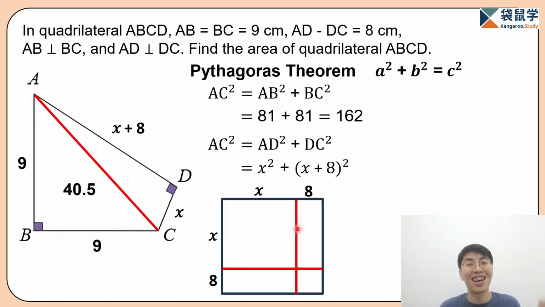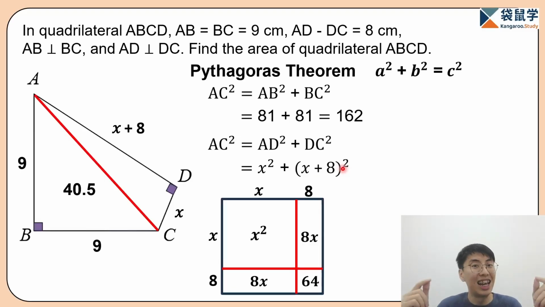Of course we can. And we know that this part, what is it? x squared. These two parts should just be 8x, and of course the last remaining one, 64.